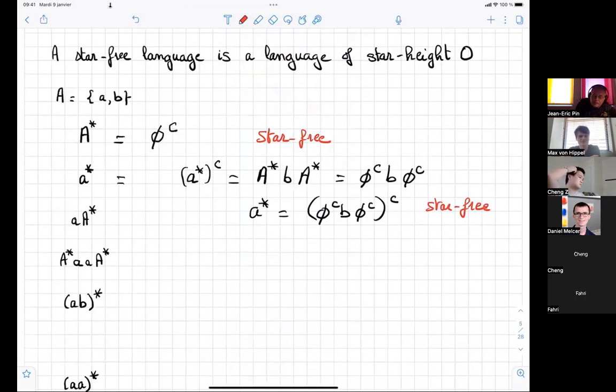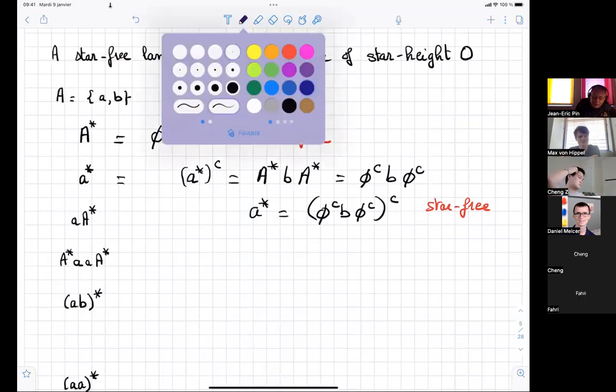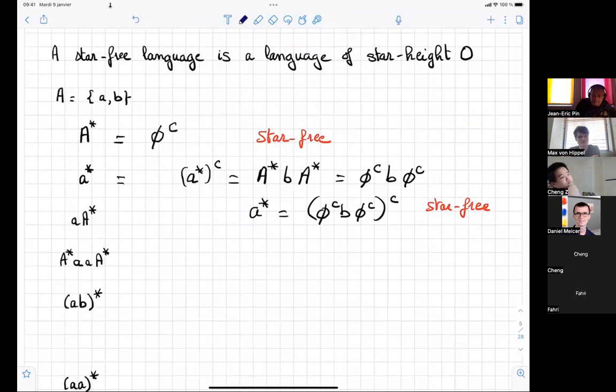So what about the next one? This one is easier actually. It's basically B followed by everything, and everything can be the empty set complement. Actually, the first thing you can do is each time you have this capital A star, just use the first equality.